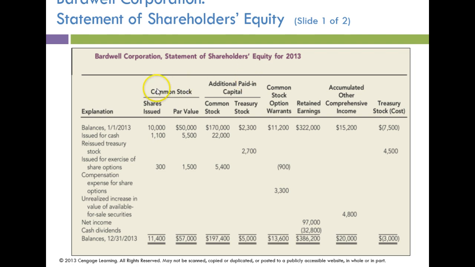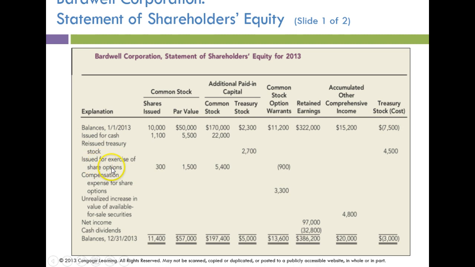So we've got treasury stock, we've got common stock option warrants, so options out there to purchase stock. Then we've got retained earnings. And then we've got other accumulated comprehensive income and treasury stock. So we've got all kinds of different aspects of our stockholders' equity, and issued for cash.